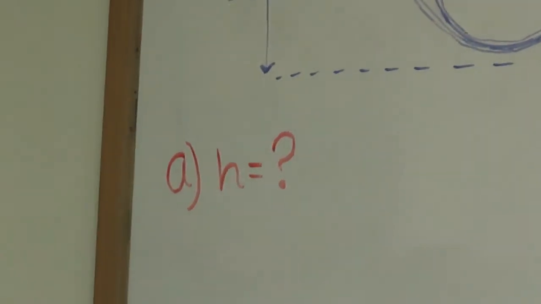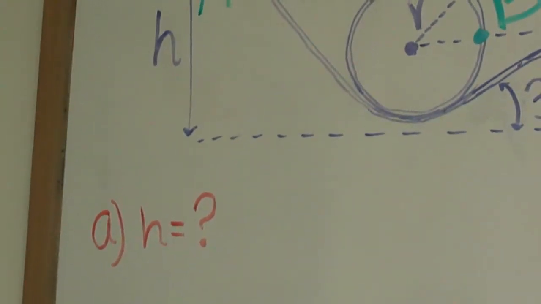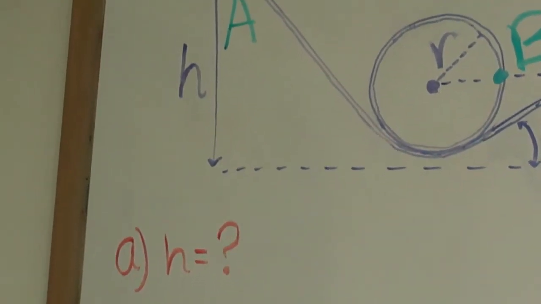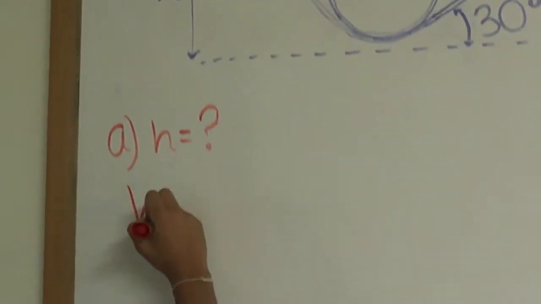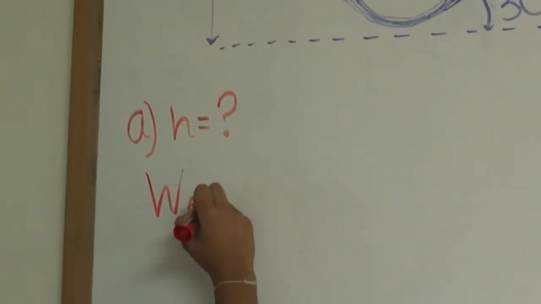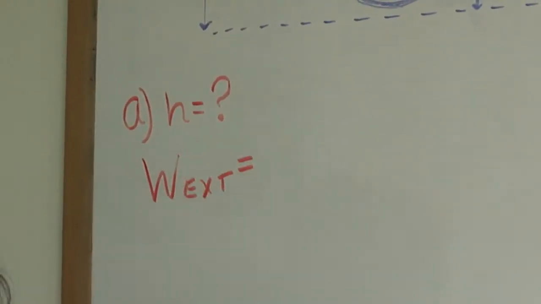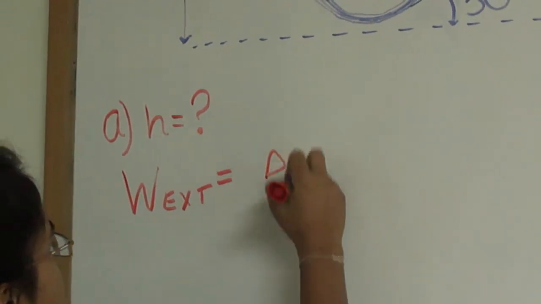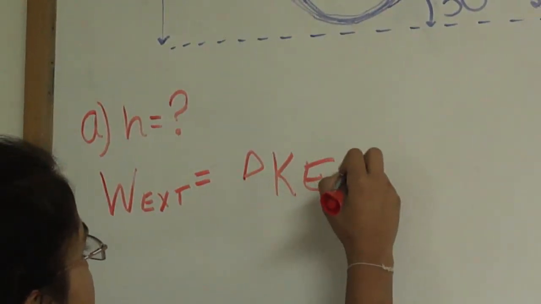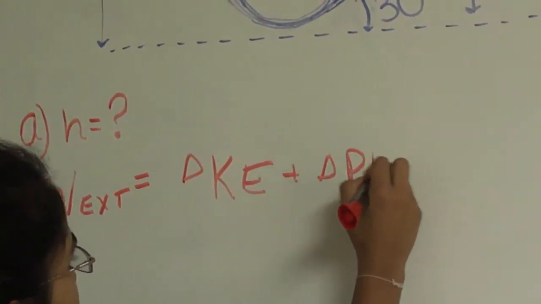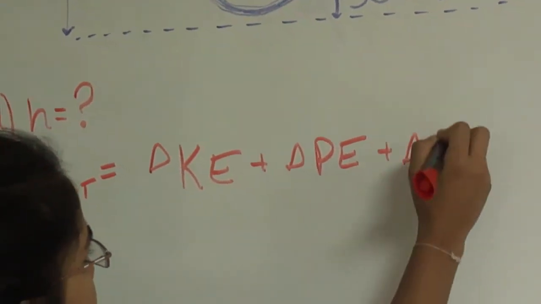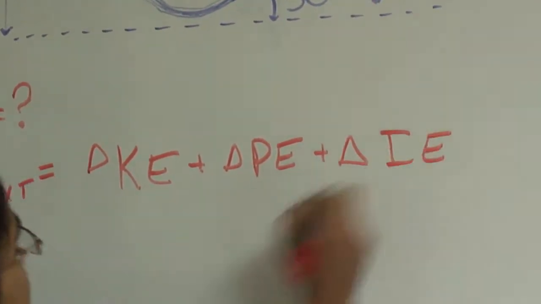The first thing that we should turn to is the conservation of energy. So the grand formula for that is that the total work done is equal to the change in kinetic energy plus the change in potential energy plus the change in internal energy.